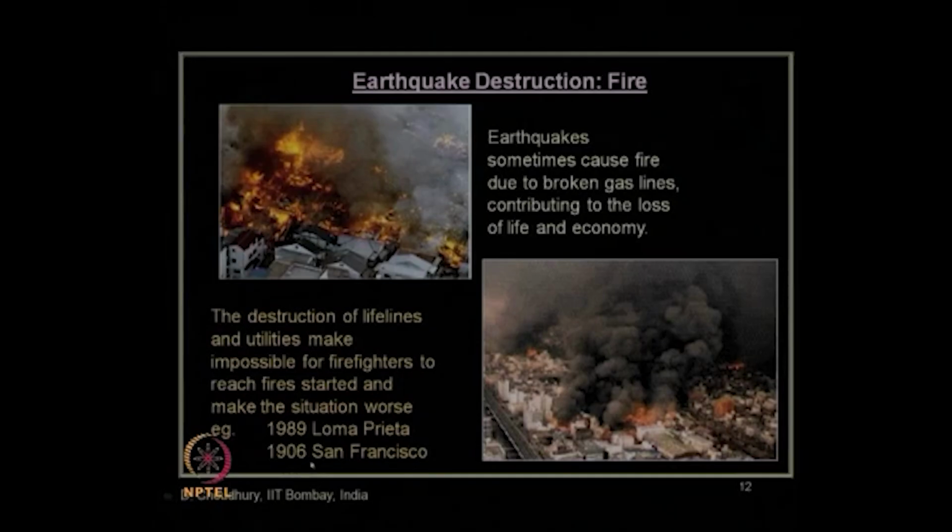That is an example where not only due to the earthquake, but more hazard and more damage occurred after the earthquake due to fire related disasters. Another example of fire related damages due to broken gas lines was the Loma Prieta earthquake of 1989, again in California, USA.